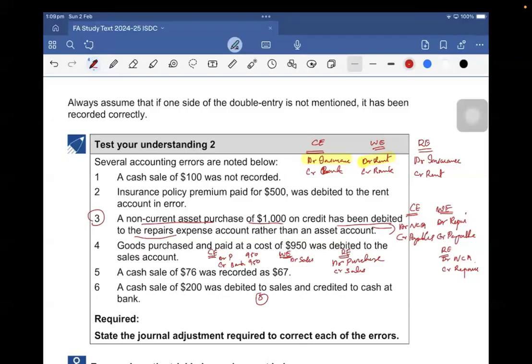A cash sale of 76 was recorded as 67. So the correct entry should have been what? Debit cash, credit sales of how much? 76, right?